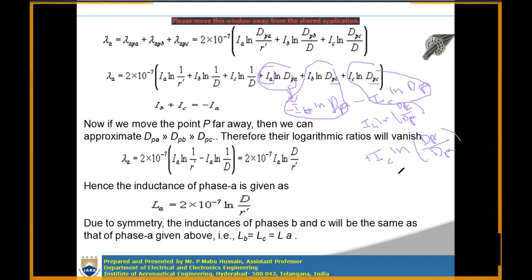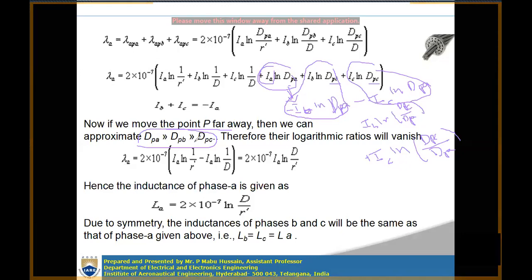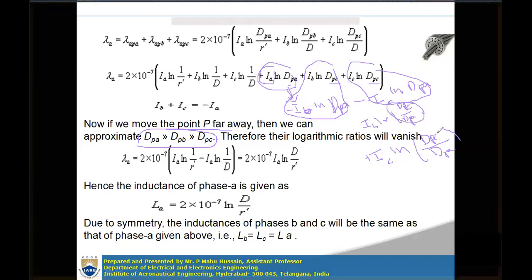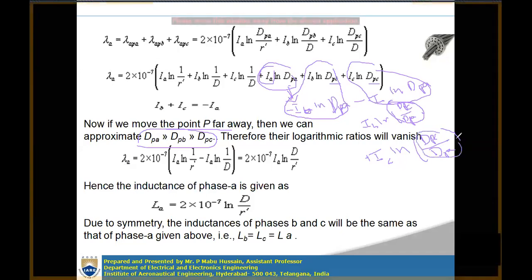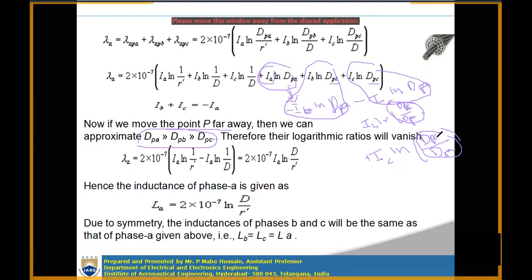As we know, when you move the point P very far away, up to infinity, then dPA, dPB and dPC all become approximately equal. In such a case, these ratios dPB by dPA and dPC by dPA will become equal to 1.